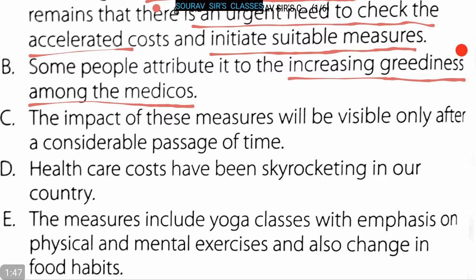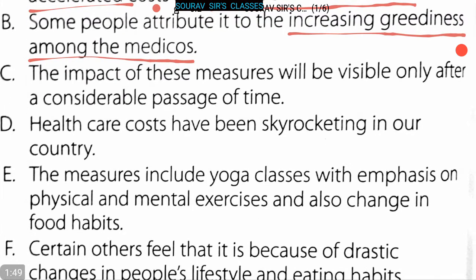Now the third sentence is: the impact of these measures. So clearly this is also not the first sentence. The impact of these measures will be visible only after the considerable passage of time. Now the fourth one is: healthcare costs have been skyrocketing in our country.